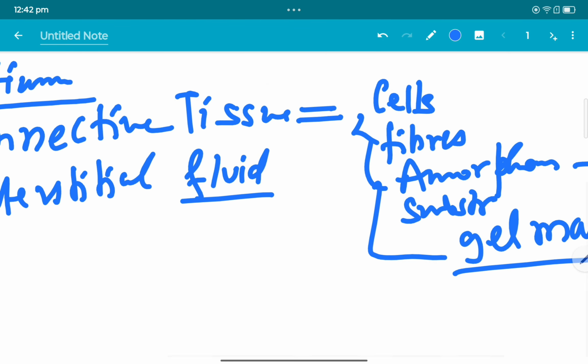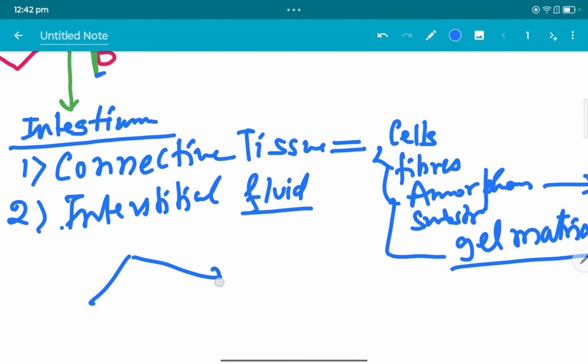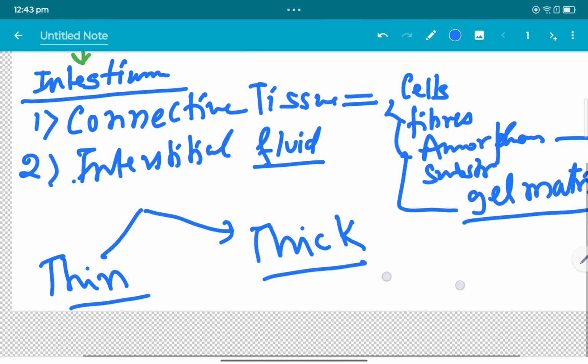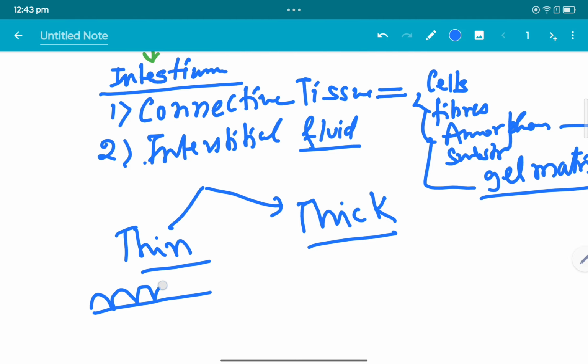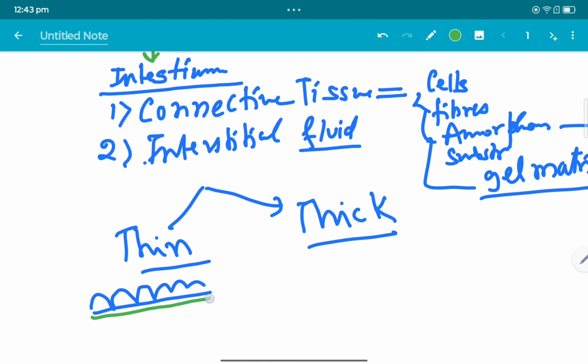Okay, this interstitium has thin areas and thick areas. What does this mean? In thin areas, the amount of interstitial tissue is very less. You will have fewer fibers, fewer cells, less amorphous substance, so that the basement membrane of the alveoli and the basement membrane of the capillary endothelium are almost fused.